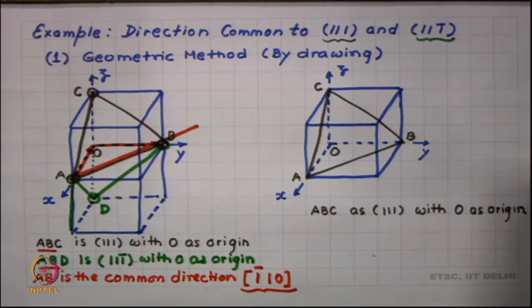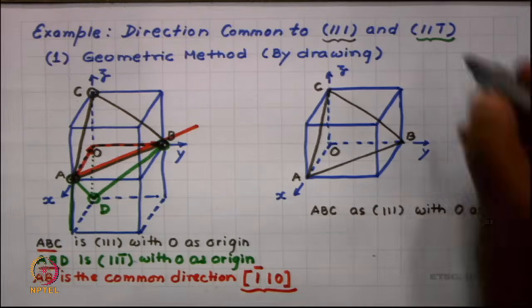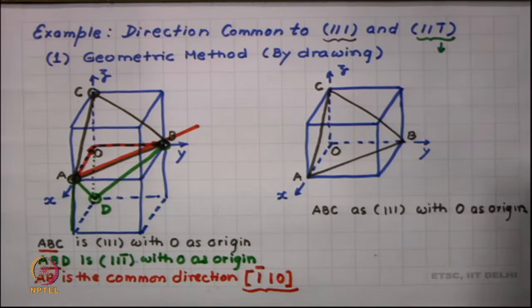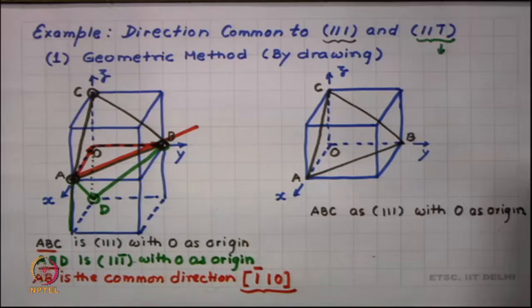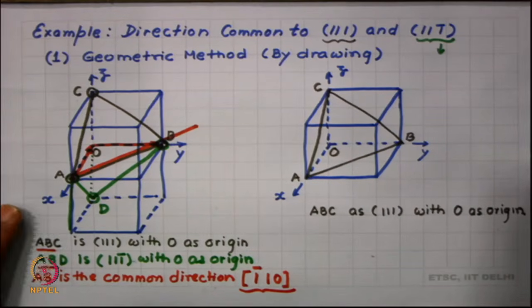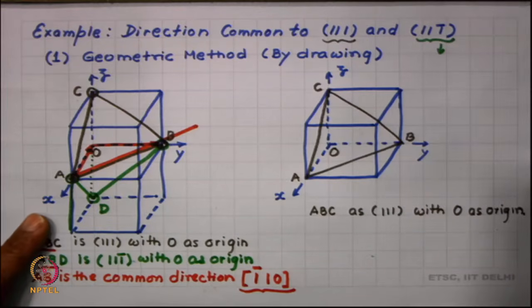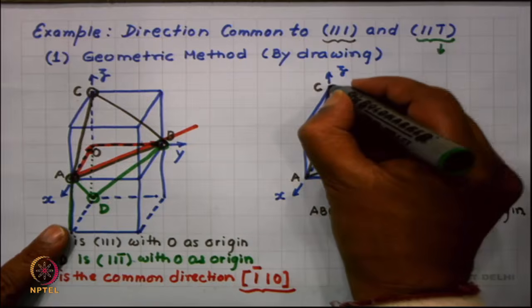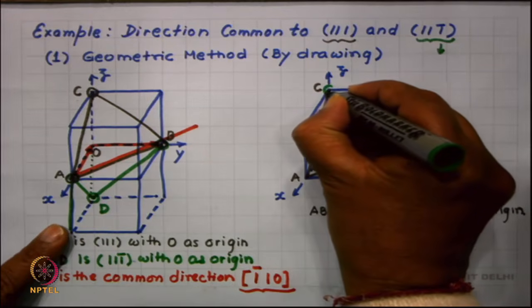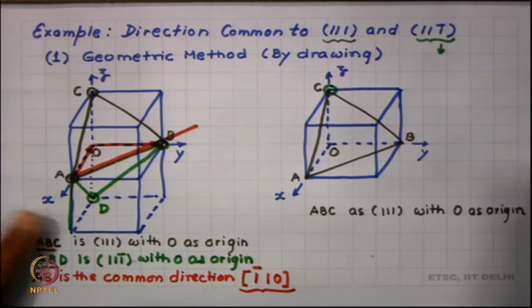So, if I want to keep myself within this unit cell and still be able to draw 1 1 bar 1, what shall I do? So, since I have to take a negative step, I have to shift the origin to the top face of the cube, so that I can go in the negative direction and still remain within the unit cell. And I still have to take positive steps along x and y. So, if you think about it, you can convince yourself that C now is the correct choice of origin.